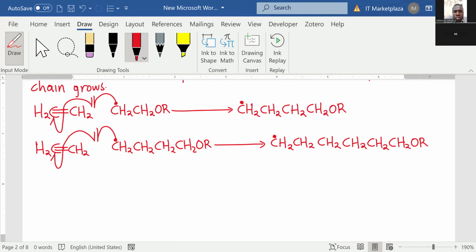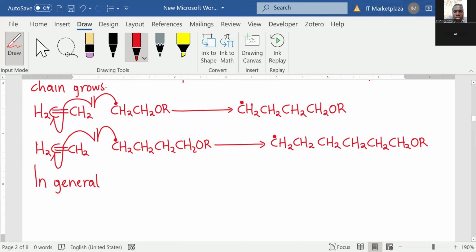Yeah, that's what we form. So the process continues. However, for propagation in general, this is what we have. In general, we don't continue because we don't know where we shall stop. We don't know where we shall end. So we just have a general representation.